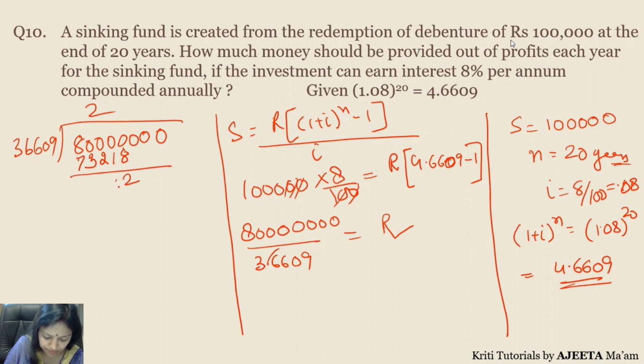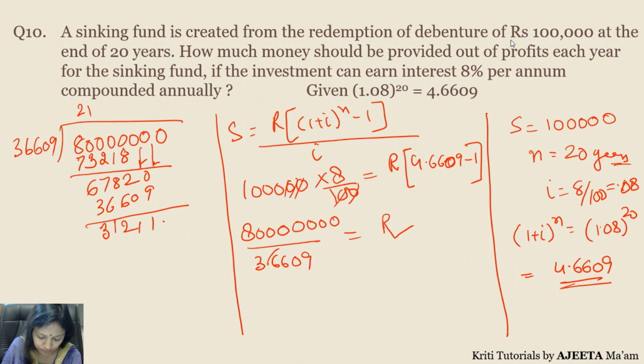Subtract it. 1 0 down. Let's make it more clearer. So now 36609. One more zero down. Right?